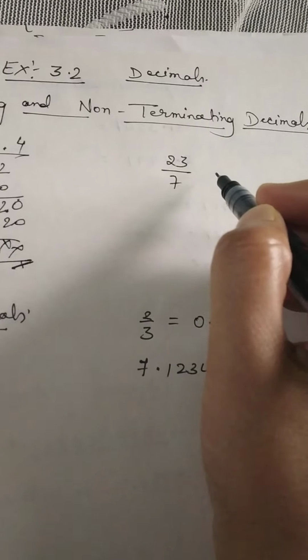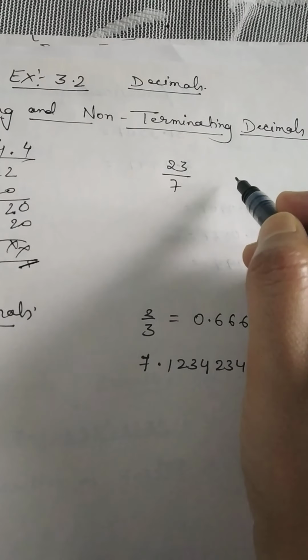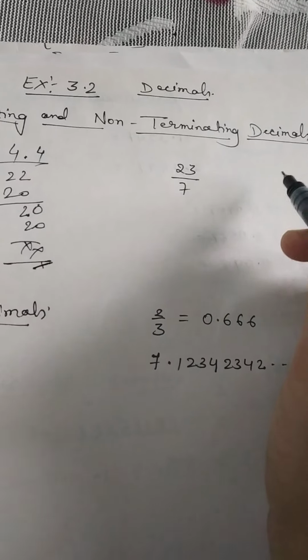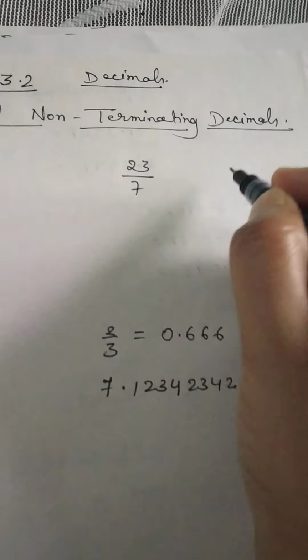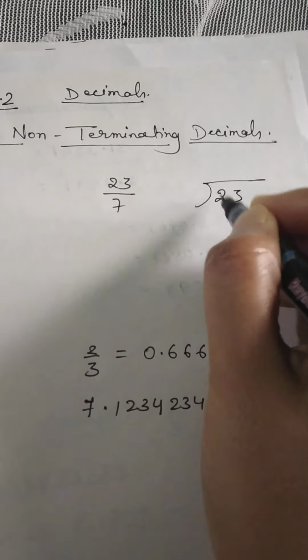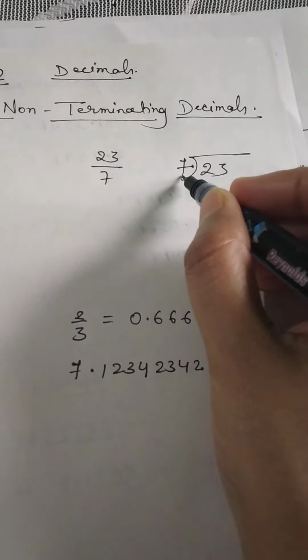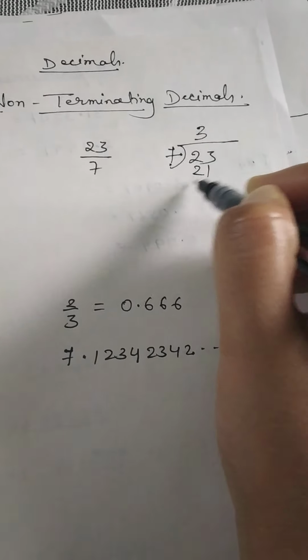Okay. Now what are non-terminating decimals? If the dividend is not completely divisible and the remainder is non-zero, no matter how long the division is, then the decimal is known as a non-terminating decimal. You will understand it. Suppose I am dividing this. This is the dividend, this is the divisor. 7 3s are 21.